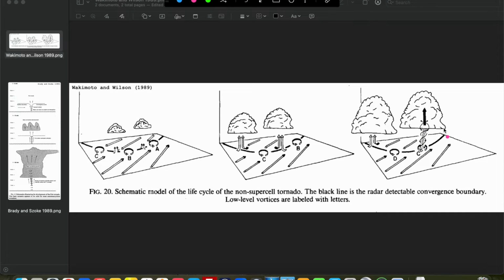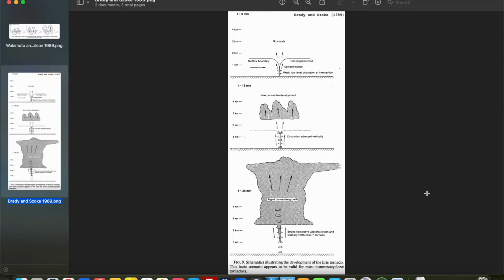So you can see that it has nothing to do with supercell rotation, a mesocyclone, supercell dynamics. All you need is a pre-existing small vortex or eddy along the boundary and an updraft co-located with that vortex to stretch that little area of spin into the vertical to the cloud base, and then you have a landspout tornado. Here's another figure, this one from Brady and Zoki, 1989.